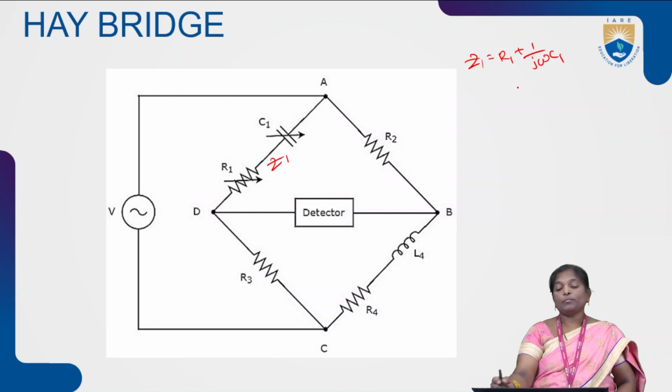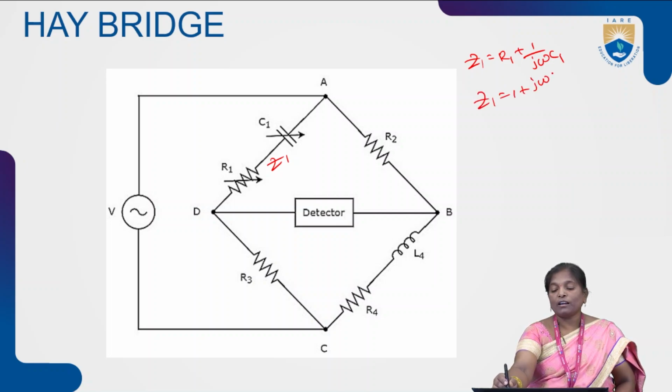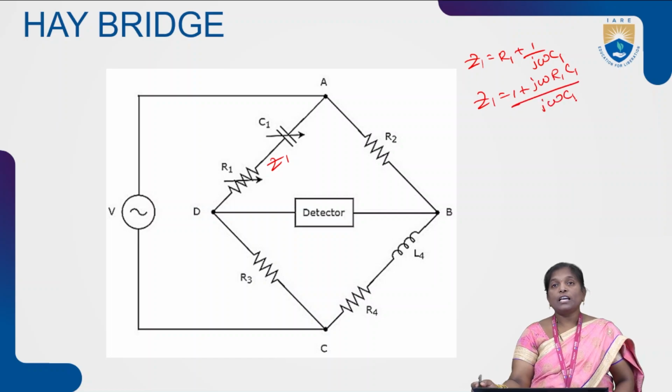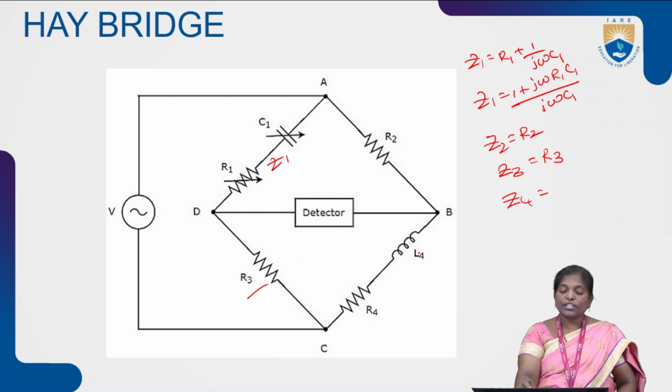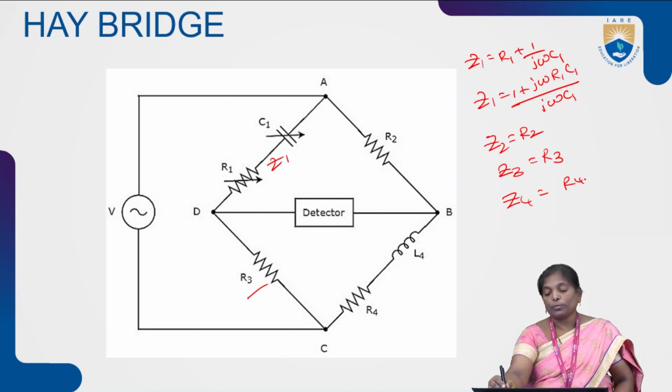So that we can represent this Z1 as Z1 equal to 1 plus J omega R1 C1 by J omega C1. Similarly, the expression for Z2 is R2 and the expression for Z3 is R3, and Z4 can be represented as again a series combination of resistance and inductance, that is R4 plus J omega L4.